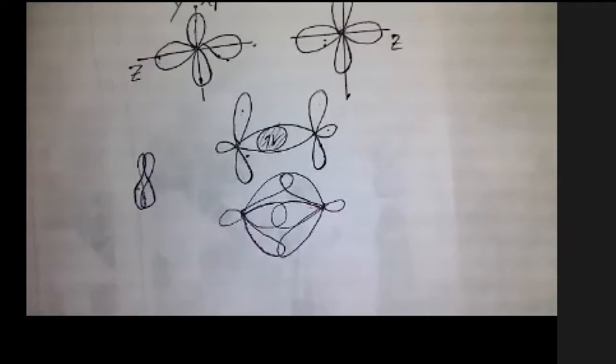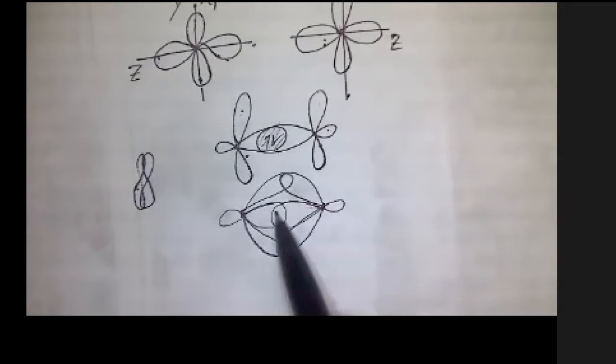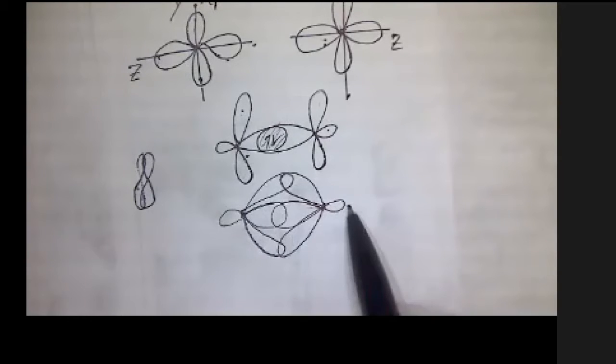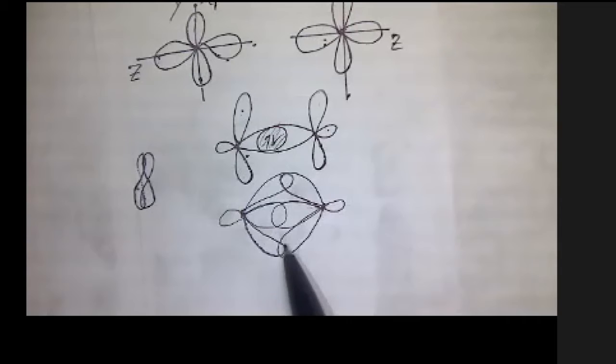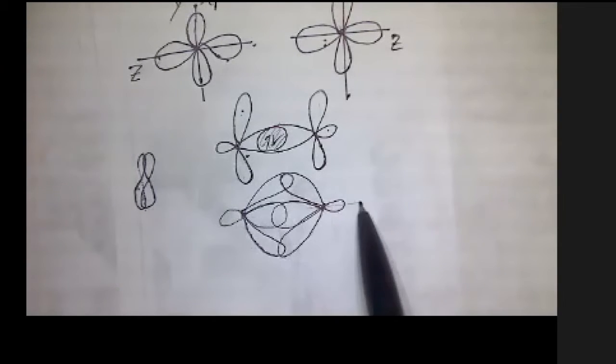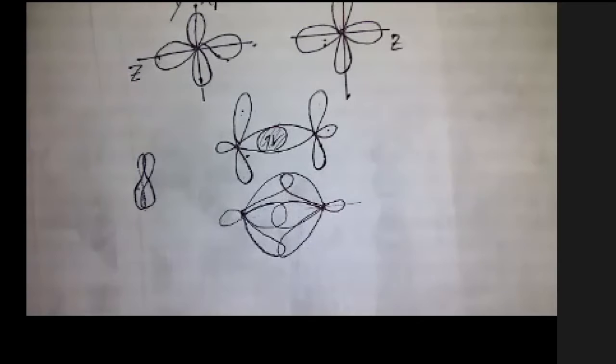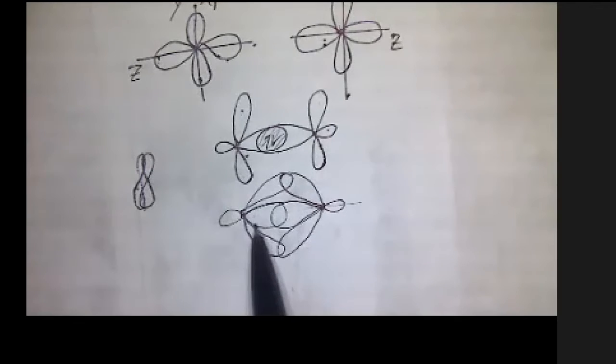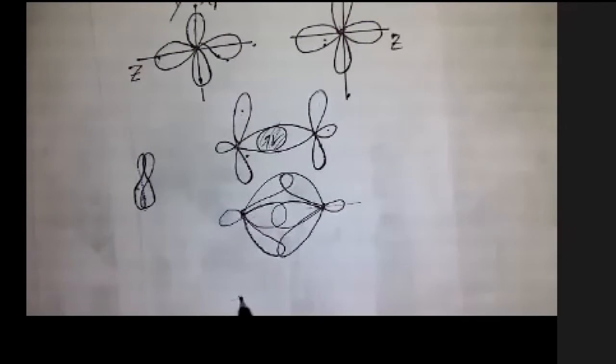So what has happened? This is your main one which has overlapped directly, and this is overlapping in a different way. The different way was like this. In this case, only one lobe was involved. In the other case, both the lobes are involved. That's why, when you take this, in this case this is oxygen, oxygen.